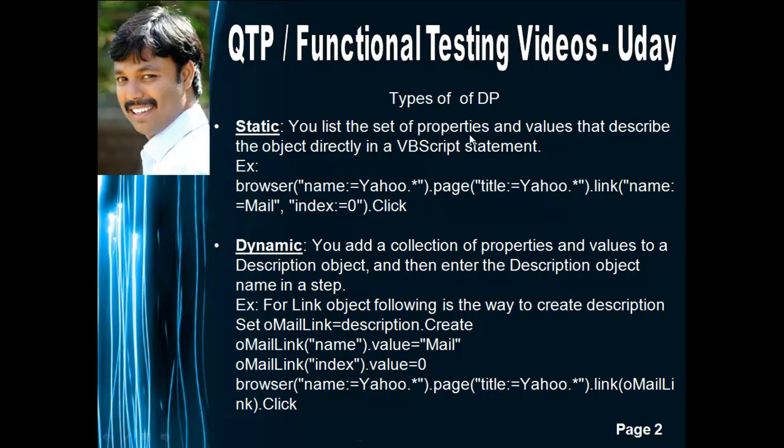You list the set of properties and values that describe the object directly in VB script, right? If it is more than one property, you put the property value combination in double quotes and separate it with a comma, right? And in dynamic descriptive programming, you first build that object, all right, and use that object wherever you want.